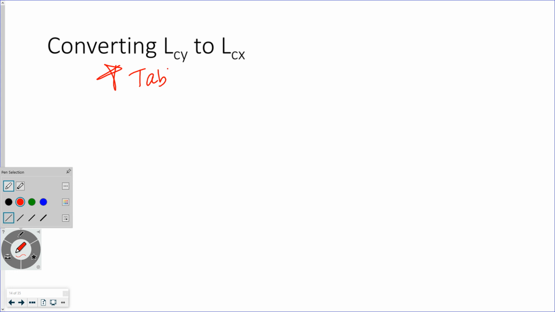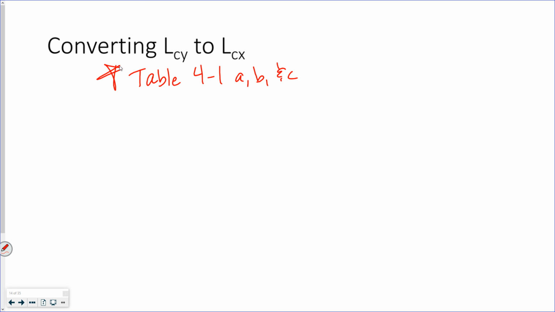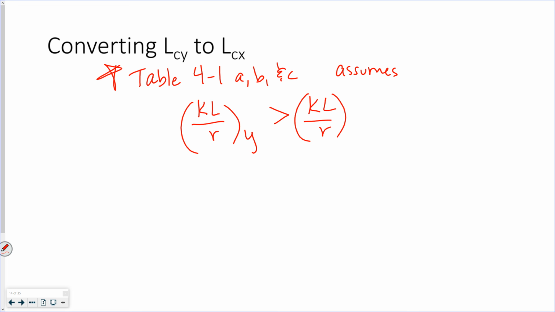Table 4-1 A, B, and C assumes that your slenderness ratio in the Y direction is greater than your slenderness ratio about the x-axis, or the strong axis.